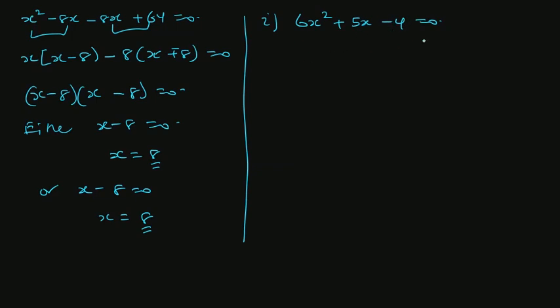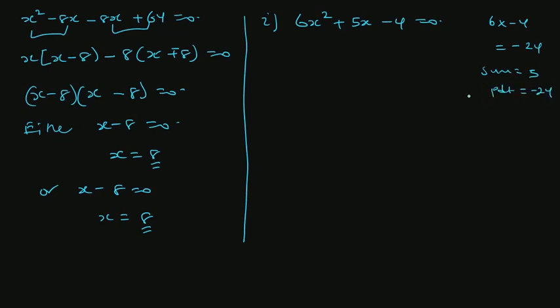So we have 6 times negative 4 giving us negative 24. Now, when getting the two factors, get the factors of negative 24, not the factors of negative 4. We use this new number after multiplying the constant term with the coefficient of x squared. So look for two numbers that give a sum of 5 and a product of negative 24.